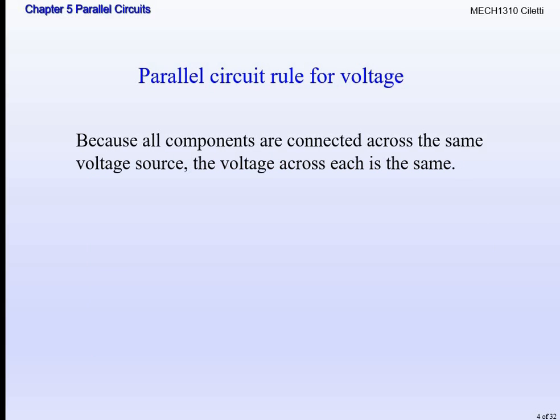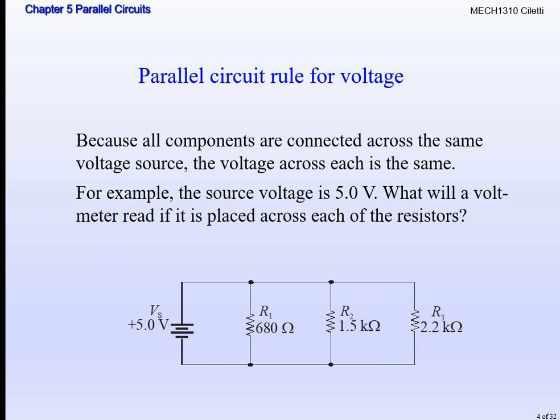So the rule for voltage in parallel circuits is the voltage drop across each component that is parallel connected is the same. So the voltage drop across R1 is 5 volts, the voltage drop across R2 is 5 volts, and the voltage drop across R3 is 5 volts.